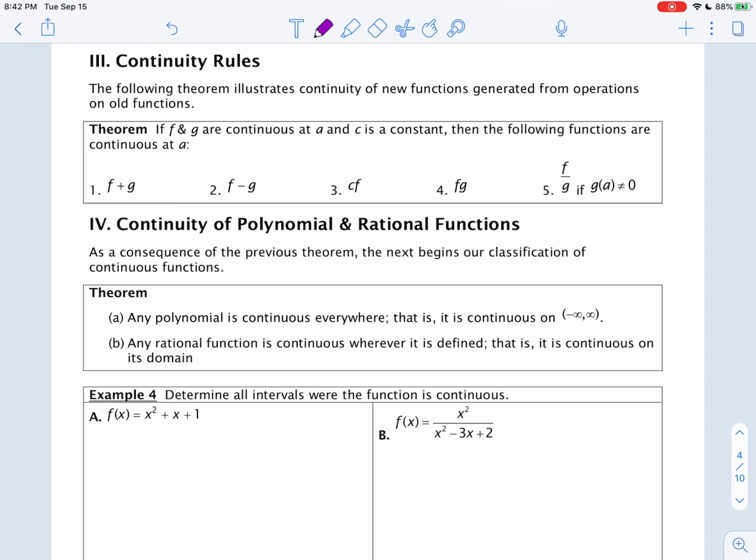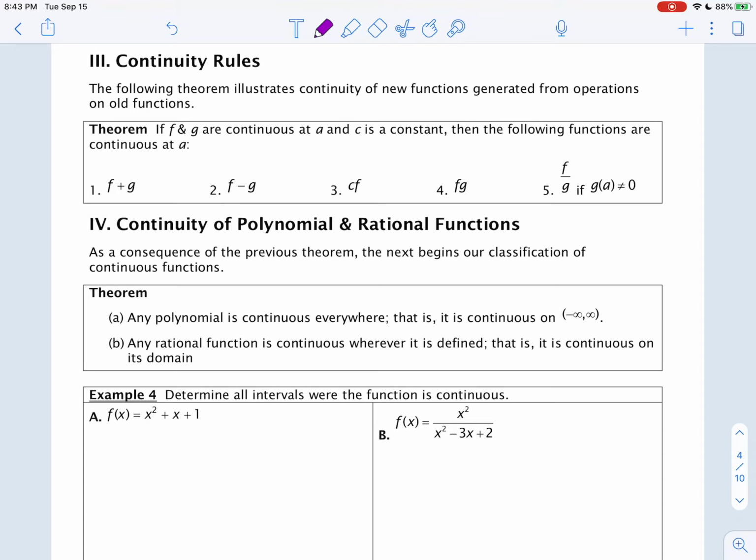The product of continuous functions is continuous. And the quotient of those continuous functions is also continuous provided that g of a is not equal to 0, right? If we get a 0 in the denominator, it would violate the very first criteria, which is f of a has to exist, or that new function h of a would have to exist. And since g of a would give it 0, it wouldn't. Okay?